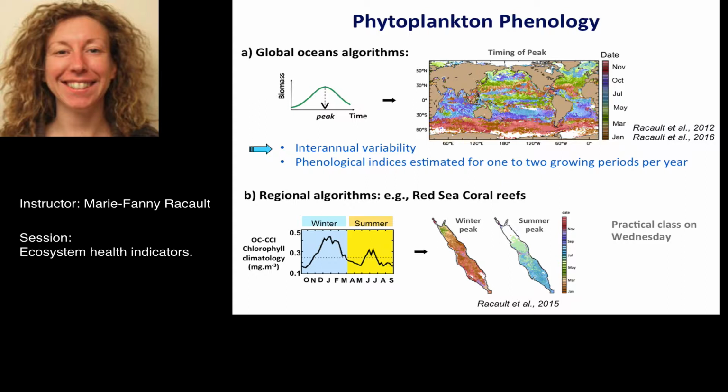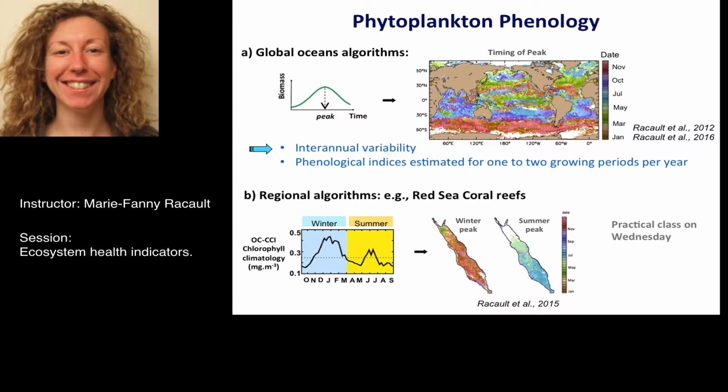And in order to estimate this, it's quite simple. We take a relative threshold. For instance, over a very long time series of 18 years, we might take the median chlorophyll concentration and estimate median plus 5% or median plus 10%. And this gives us a threshold.